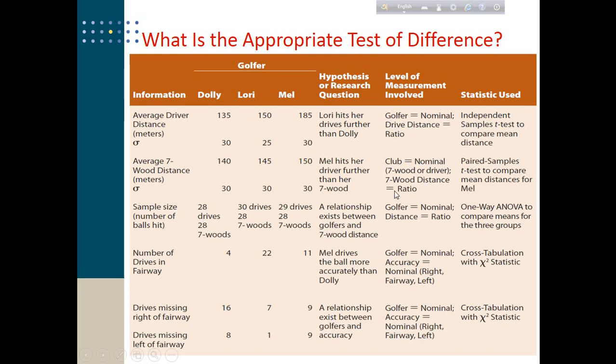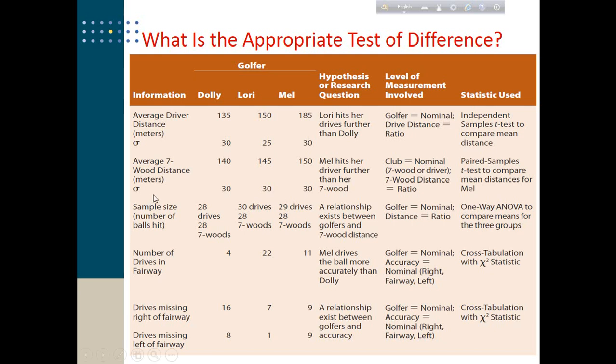Once again, the main variable is the drive distance, which is a ratio variable, and club is the nominal variable. And again, we will use a t-test because we are testing the difference between the drive distance of Mel for her club and for her career.